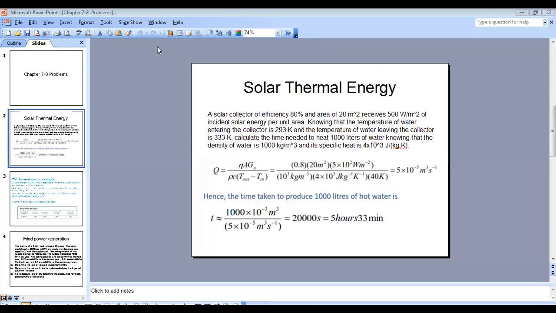In chapter 6, do we have the Bernoulli equation and its derivation? No, you don't have the derivation, but you should know how to apply it. Only the general Bernoulli equation. And there is also a relation between velocity cubed and the power.